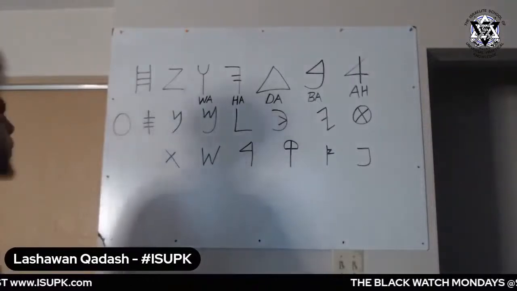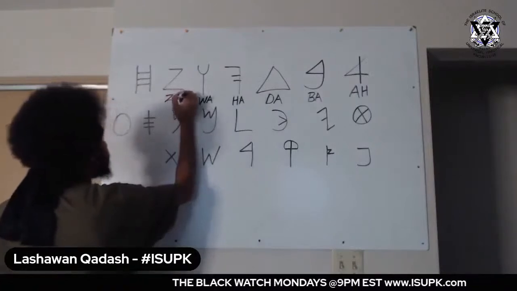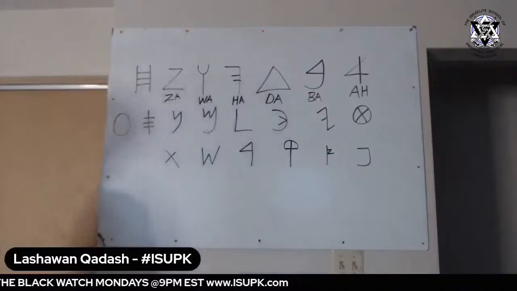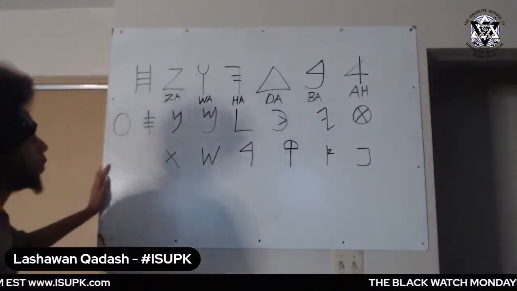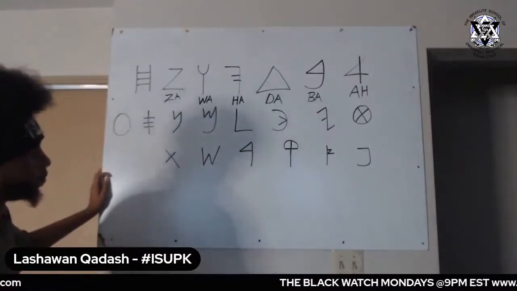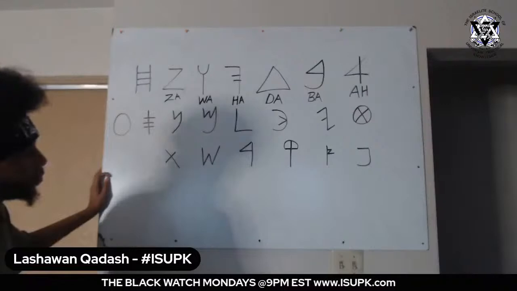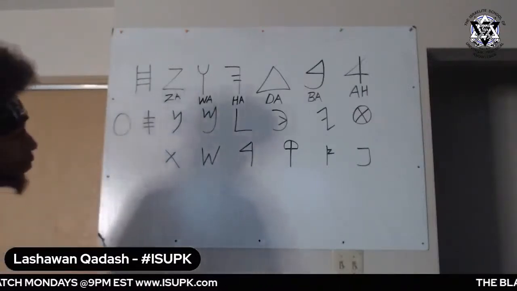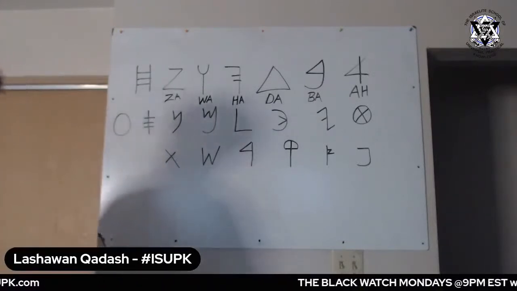We have z. It looks like a Z, Z-A, z. Trying to think of something that starts with za, you got a few words, you got Zaquan, you got Zarak.